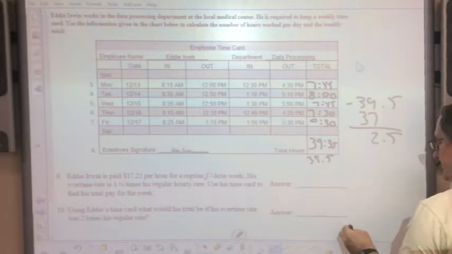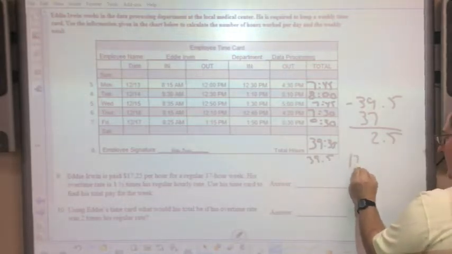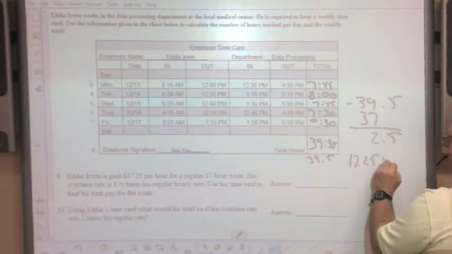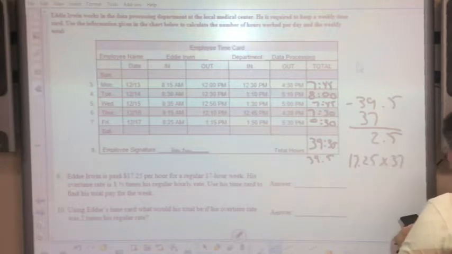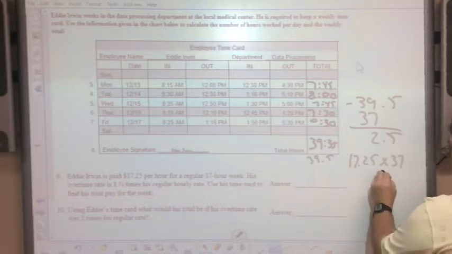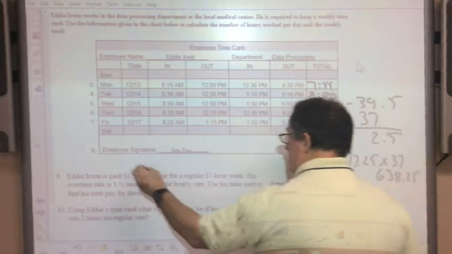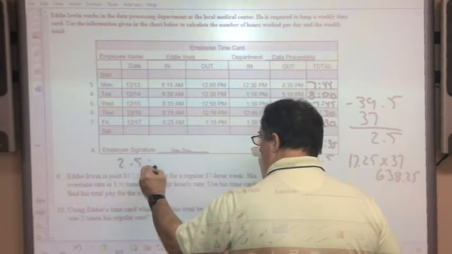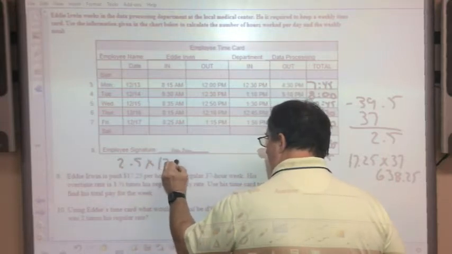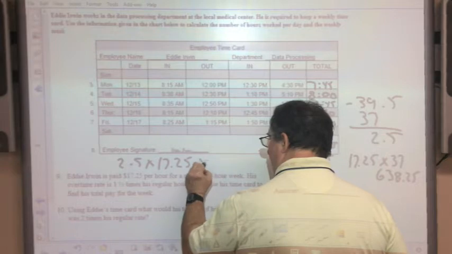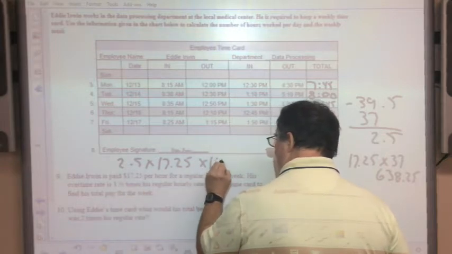So straight time pay is 37 hours. So how much overtime did you work? You worked 2.5 hours of overtime. Your straight time pay is $11.25 per hour times the straight time hours, which is $638.25. You're going to need that for both of them.